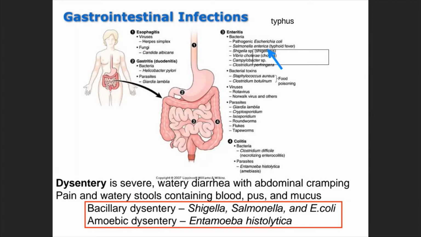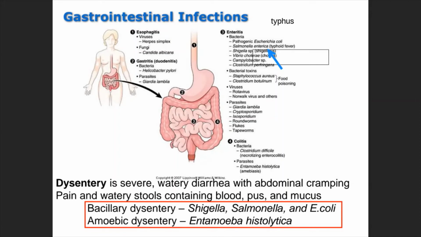That watery stool may contain blood or pus or mucus. That is dysentery.